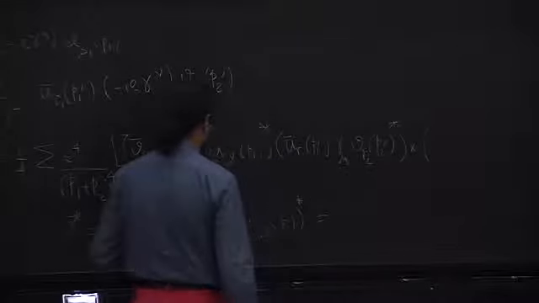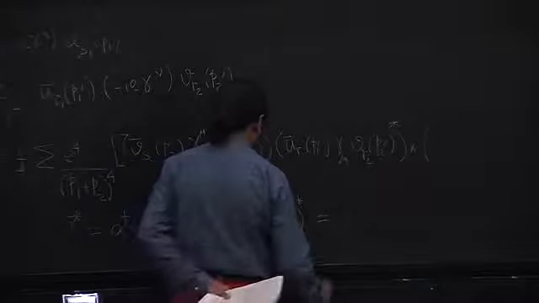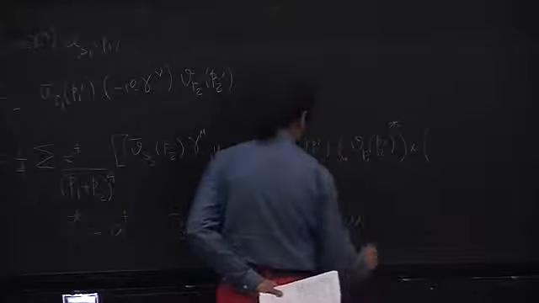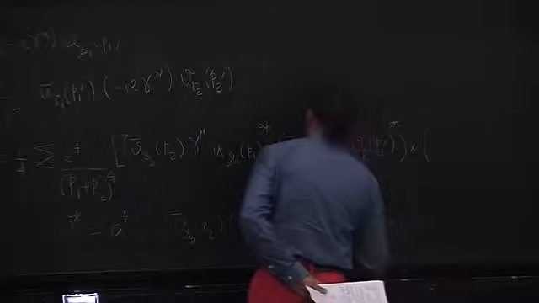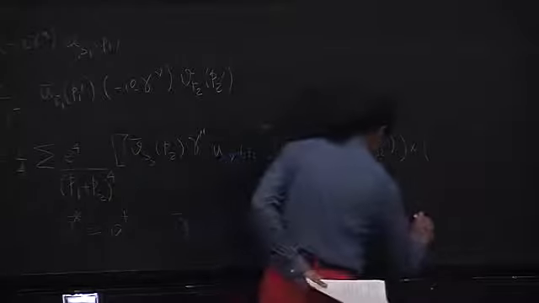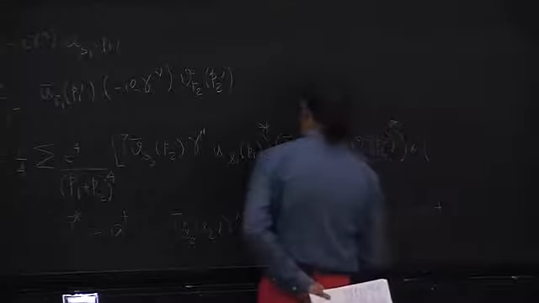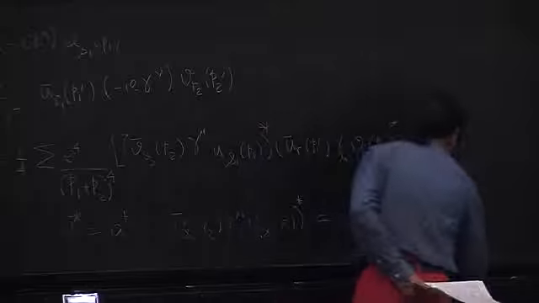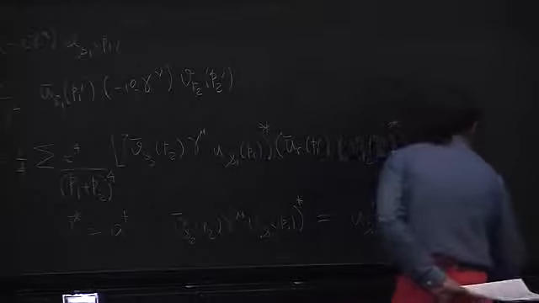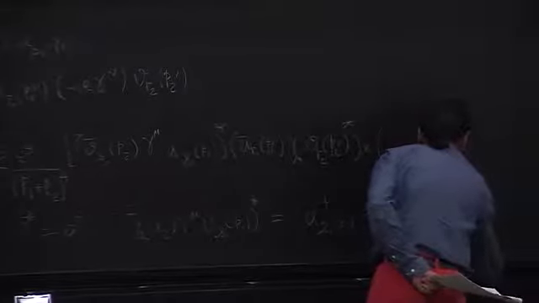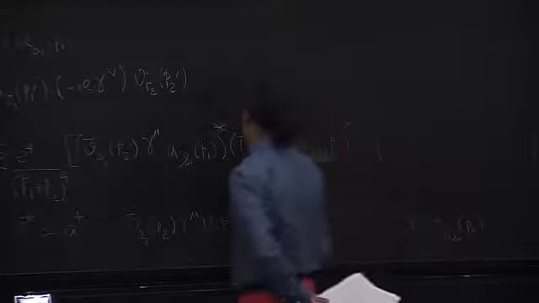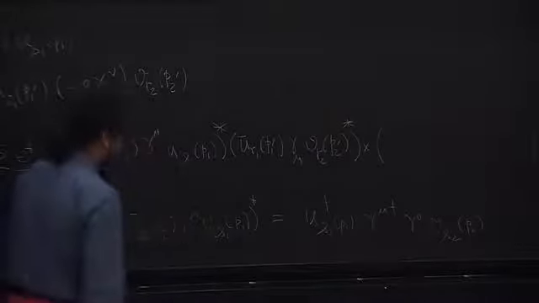And if you use that, then we can reverse the order, and then we have U of S1 P1 dagger, gamma mu dagger, and then gamma 0 V of S2 of P2, where gamma 0 came out of this guy.